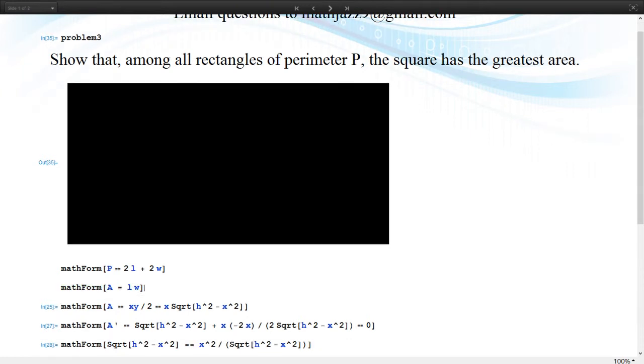And substituting, or first we'll solve for, let's say L. L is equal to the perimeter minus 2w, all of that divided by 2.